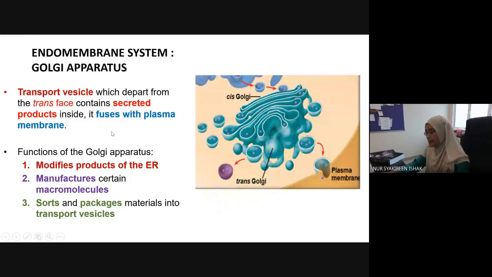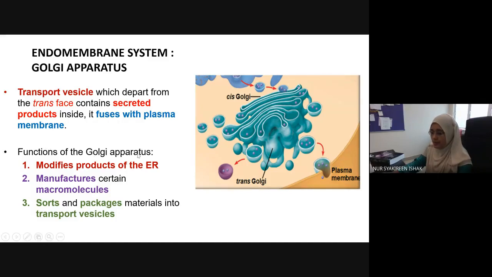Okay, so in this diagram, the transport vesicle or secretory vesicle, which departs from the trans face, contains secreted products inside, and then it fuses with the plasma membrane. Okay, so now the membrane of the vesicle becomes part of the plasma membrane.